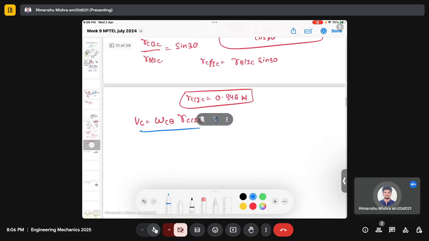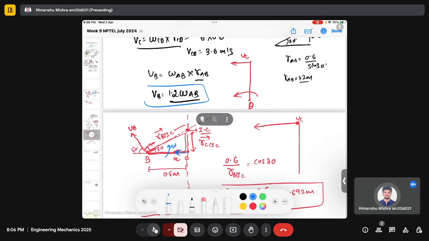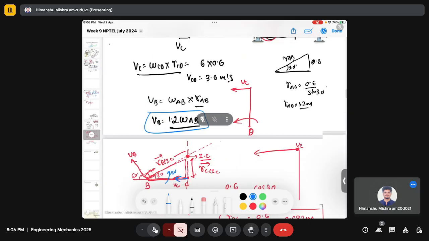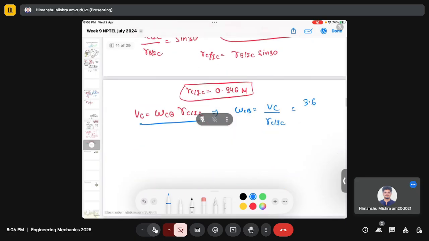So this will give me omega CB equals VC divided by RC IC. We found VC as 3.6 meter per second, and RCIC is 0.346. And this is 10.4 rad per second.